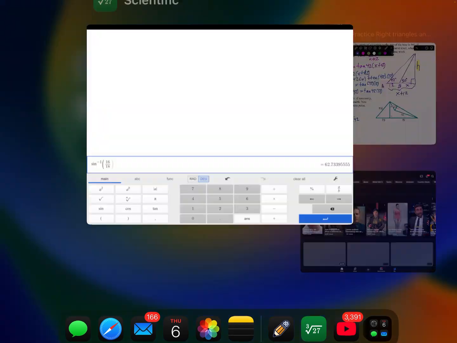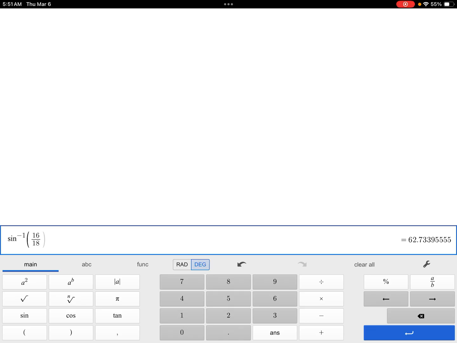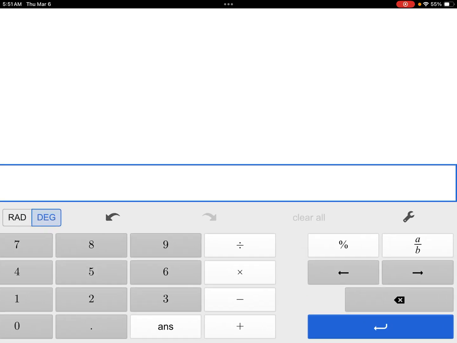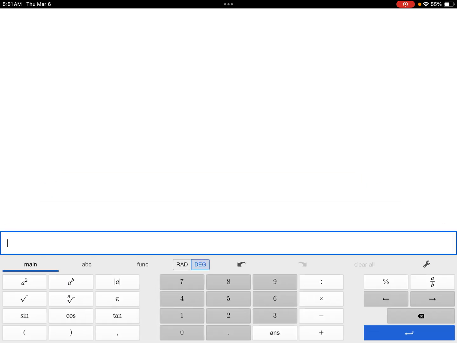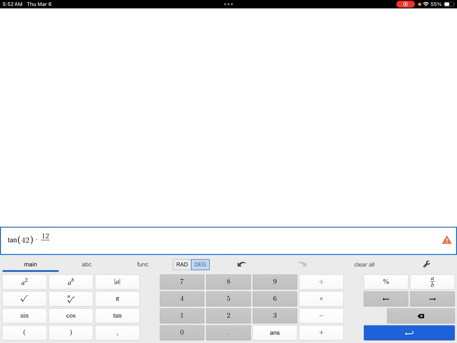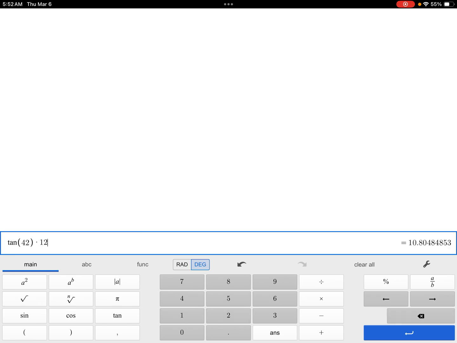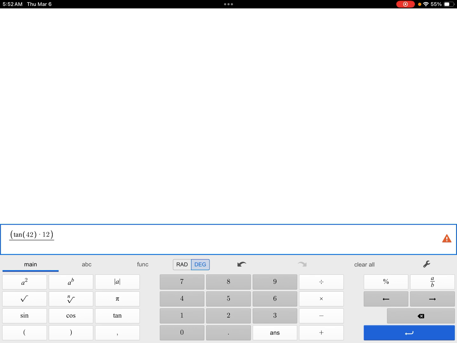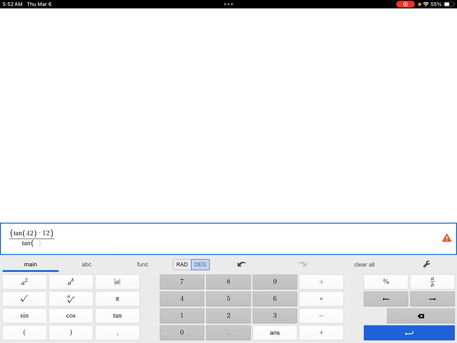So if we take the tangent of 42 times 12, there we go. Tangent of 42, multiply that by 12. I'm going to divide that whole thing. Let me put that in parentheses. I'm going to divide that whole thing by the tangent of 50 minus the tangent of 42.